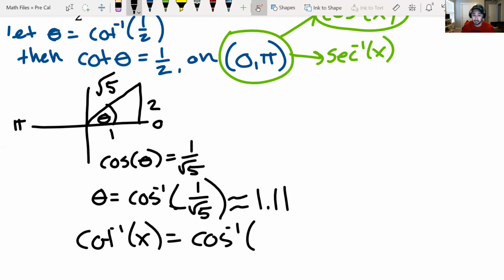Not even 1 over x, because the reason we can't make a formula for that is because this is 1 over the square root of 5, and that's 1/2. There's no reciprocal, there's nothing that makes those equal. So there's no formula for that at all.